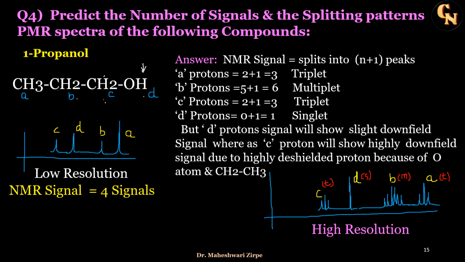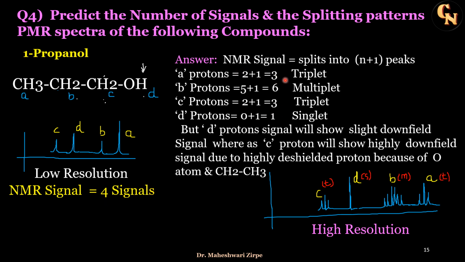Obviously the peak which we will be seeing will be more towards the downfield. Now let us see how many signals you are going to get in low resolution. Obviously 4 signals, because 4 types of protons are there.